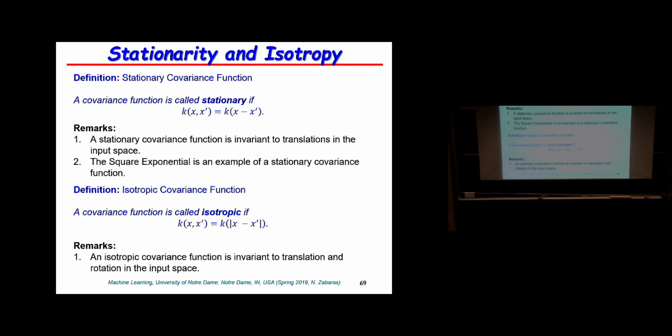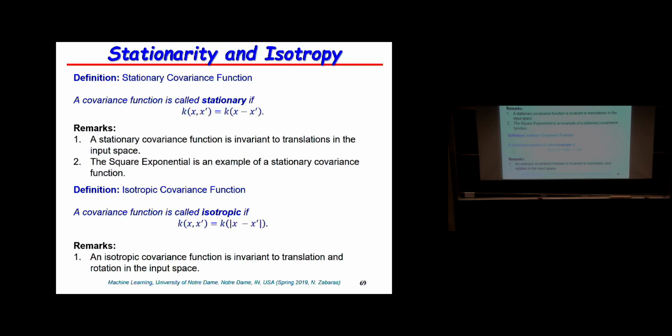You may want to know the idea of a kernel that is stationary. Stationary means it depends only on the distance between x and x prime. You can imagine that you move x by some distance c, and x prime by the same distance c, so this will be invariant to translations.